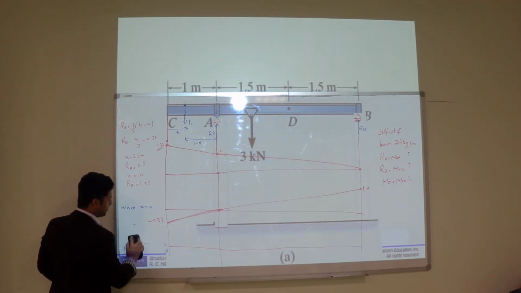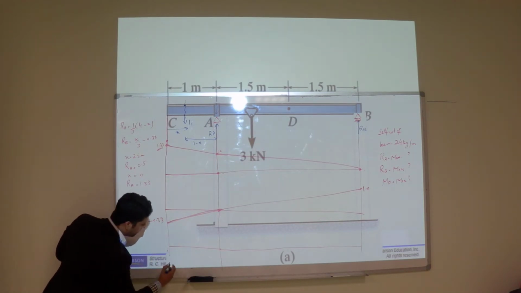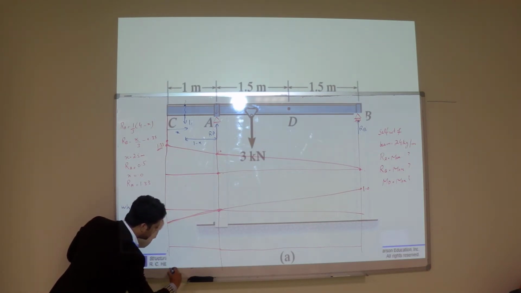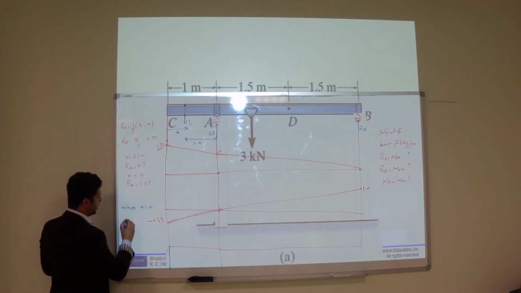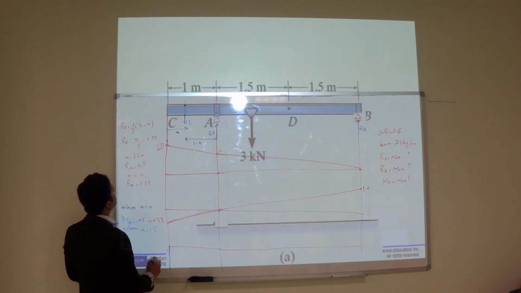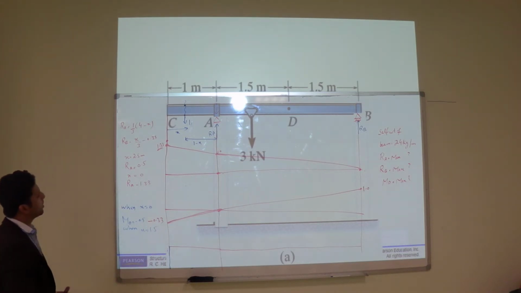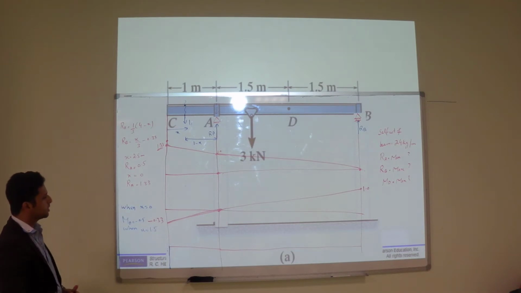So when x is 0, X is 0, MD is minus 0.5. And when x is 1, how much is RA?